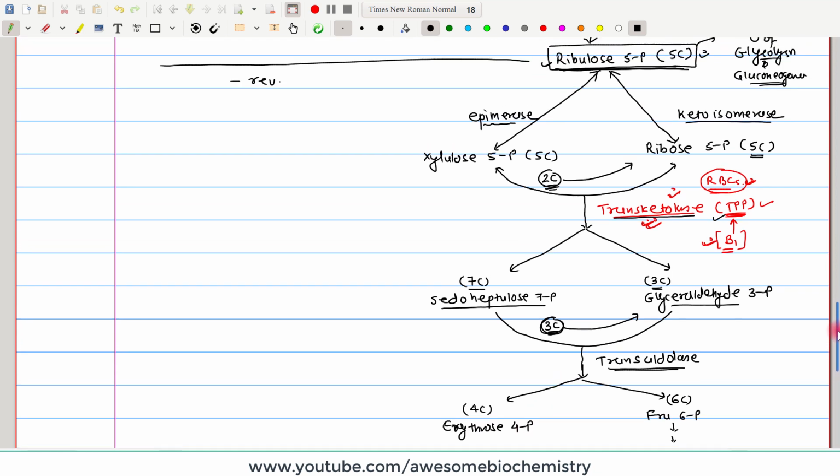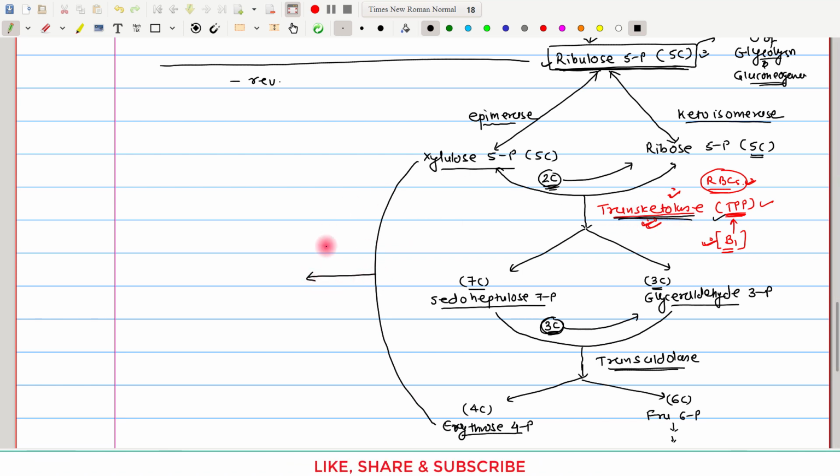Now this erythrose 4-phosphate and xylulose 5-phosphate can react with each other by the action of the same enzyme, that is transketolase, and here also thiamine pyrophosphate is required. Here this enzyme will take 2 carbon from the xylulose 5-phosphate and transfer it to this erythrose 4-phosphate. So what will happen?